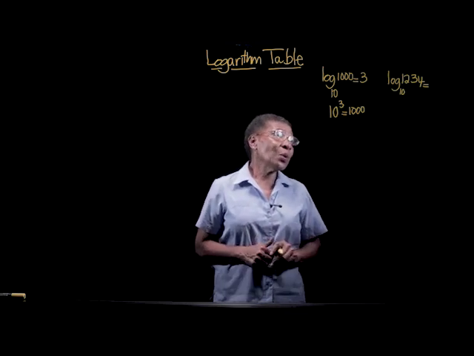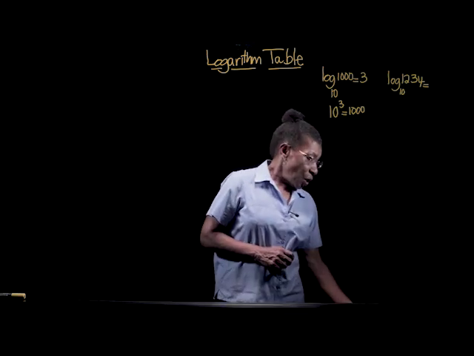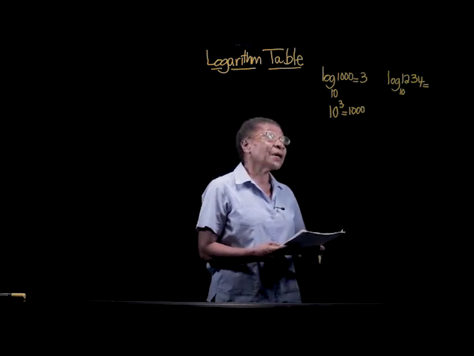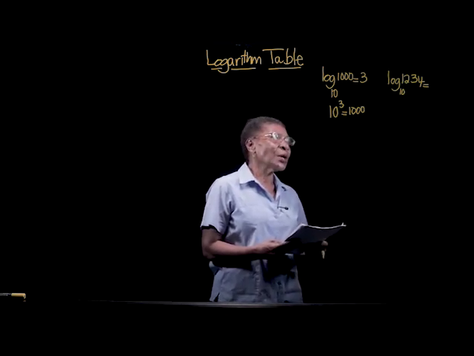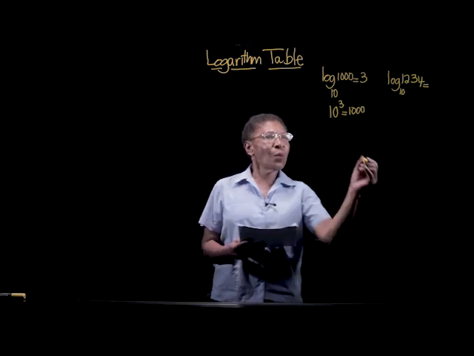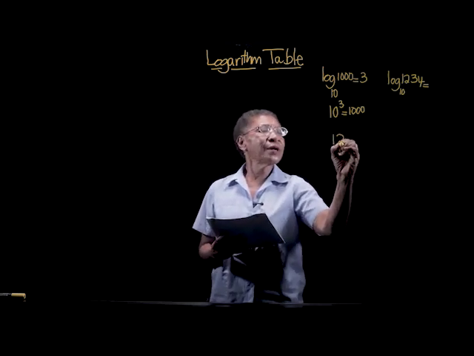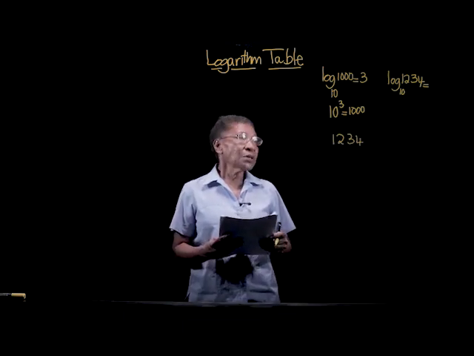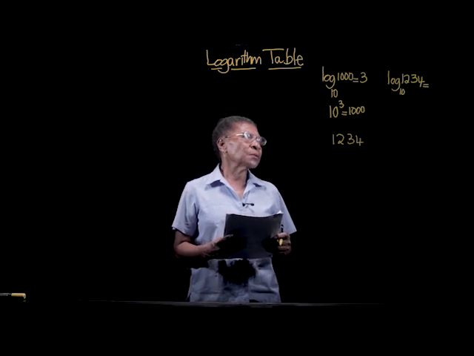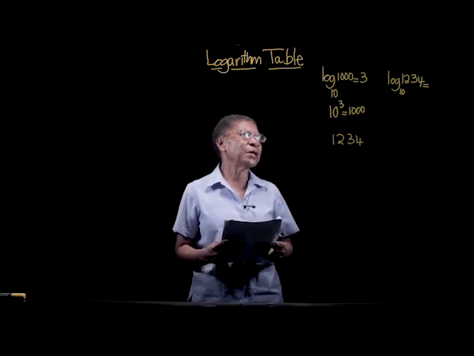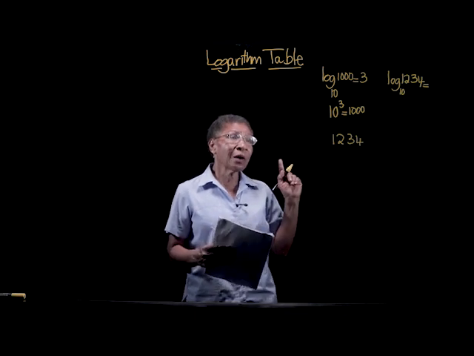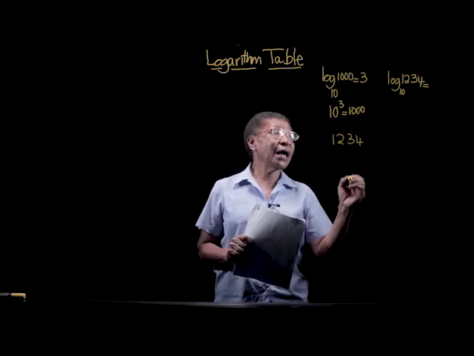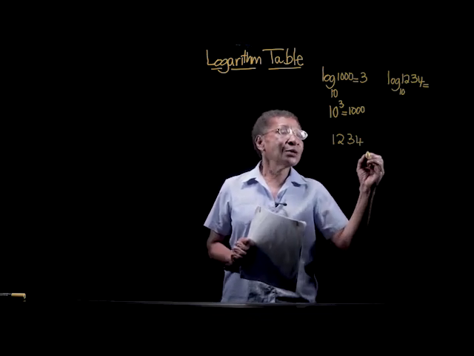I will now look at my log table. According to my log table, I have 1234. Now 1234 is a big number, so how am I going to calculate it to get the power? In logarithms, when we use the log table, we actually have two parts.